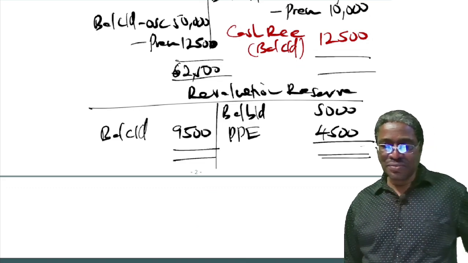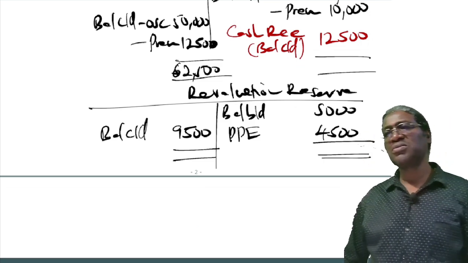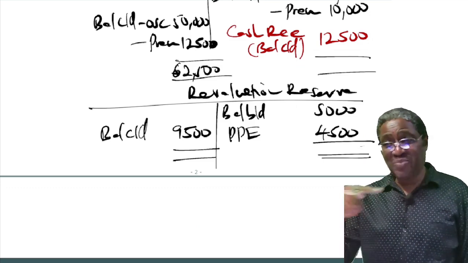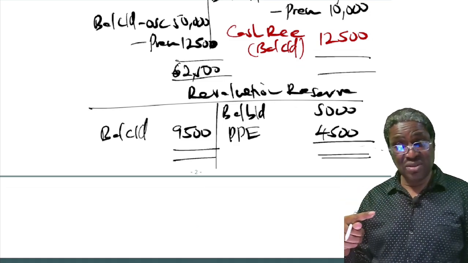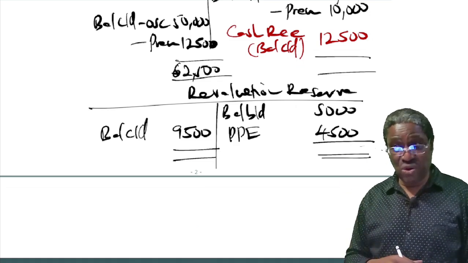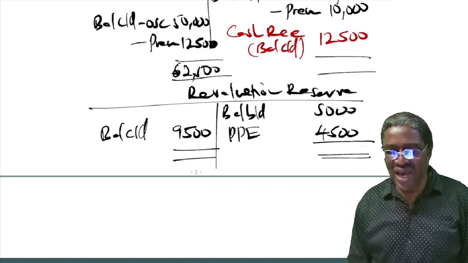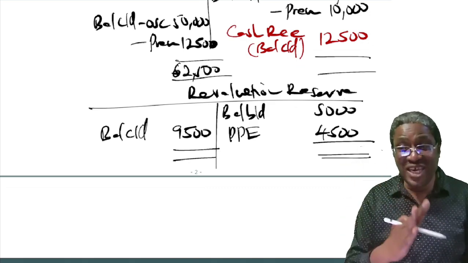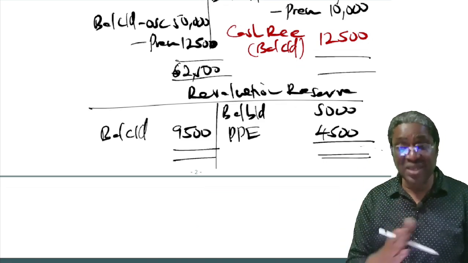Now, listen. I hope I'm not going to be told, when I ask you to give me non-cash items like depreciation and so on, some of you, whenever I ask that question when we shall be doing the cash flow, give me the gain on revaluation or the loss on revaluation of a fixed asset, like now.